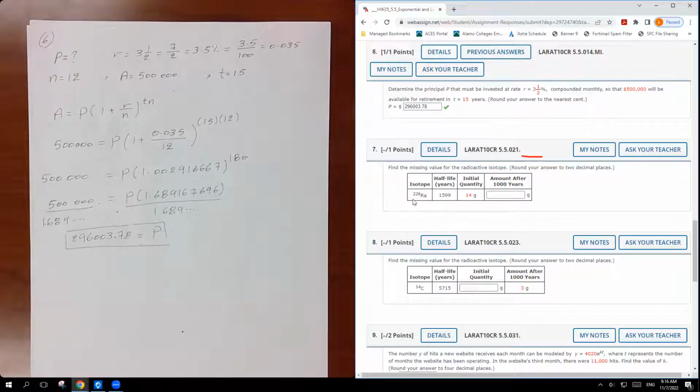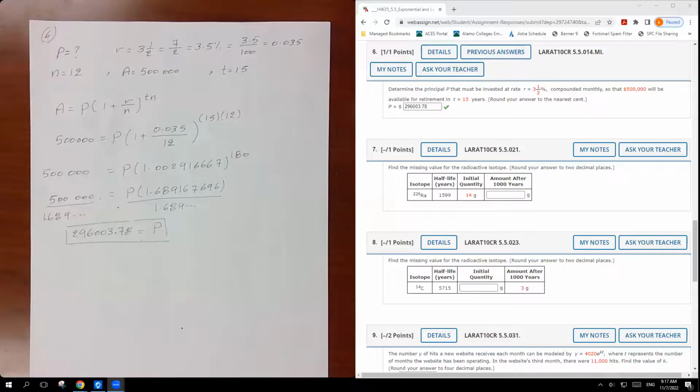Let's do the same thing with example 7 and 8, but now with different types of examples. When they ask you about half-life, these are really important examples. For example 7, find the missing value for a radioactive element. Don't confuse yourself about this one, this is the element symbol.